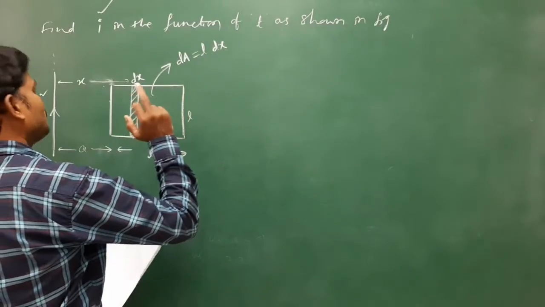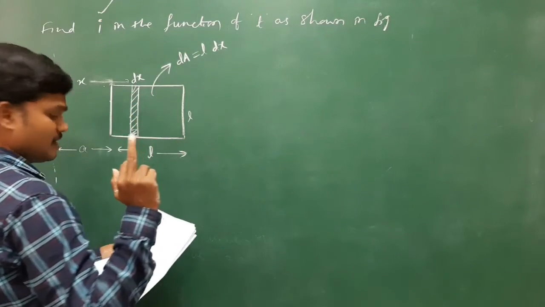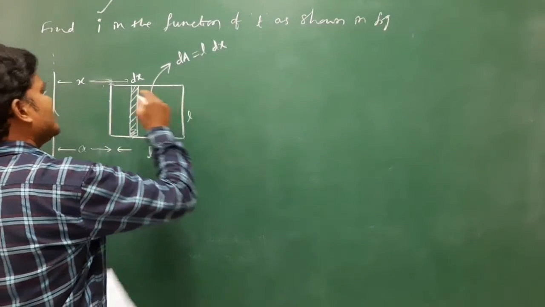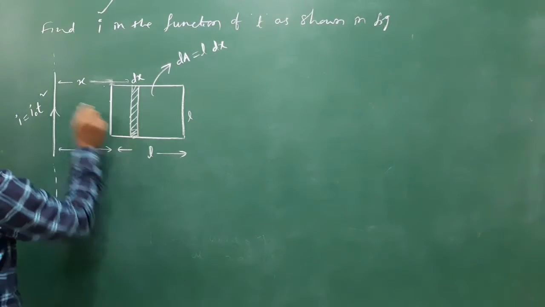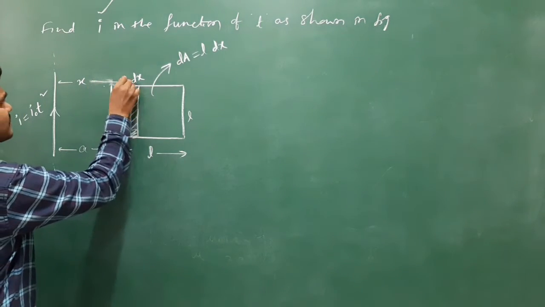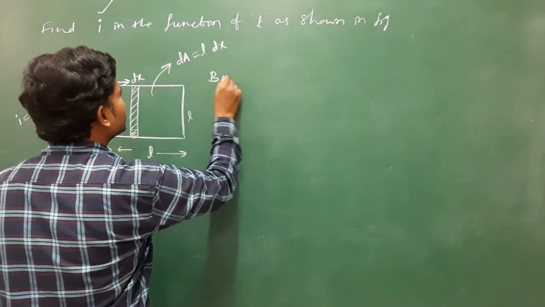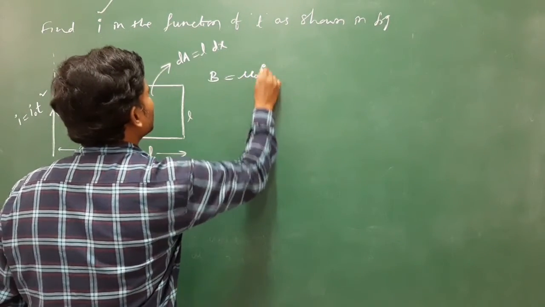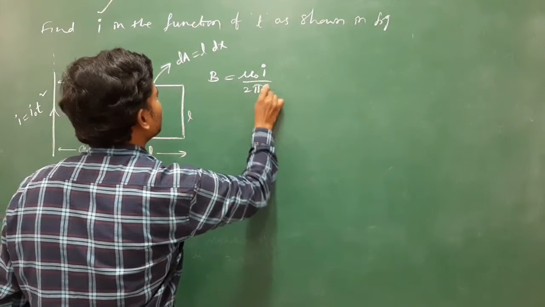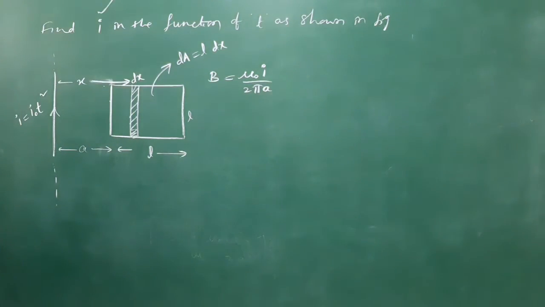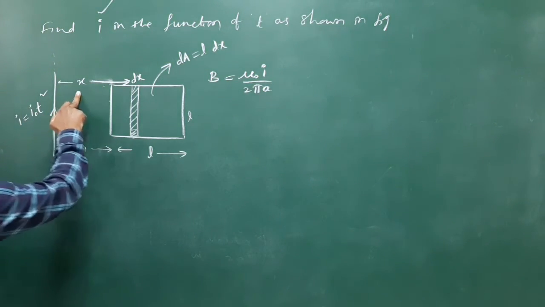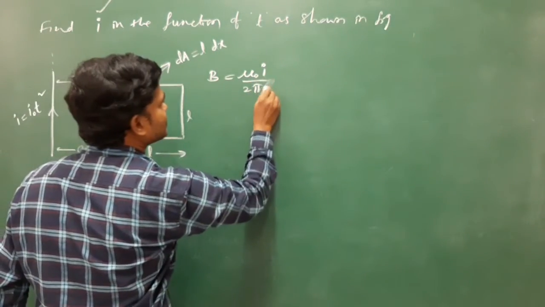Here they are asking to find current again. Now let me write, due to this straight wire at a distance of x, the field is mu naught I by 2 pi x.